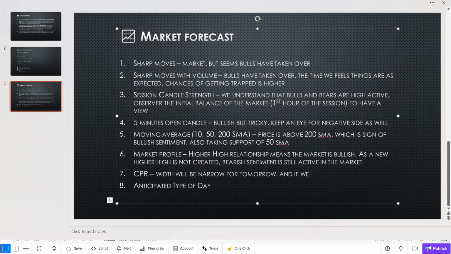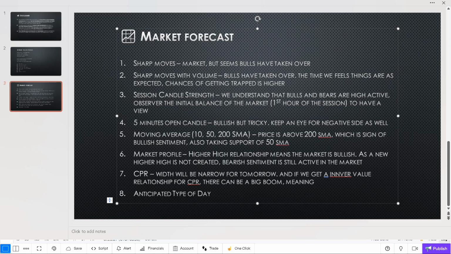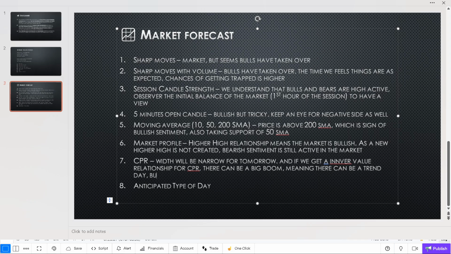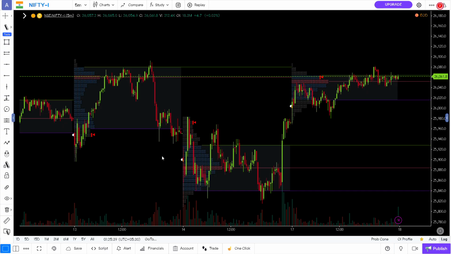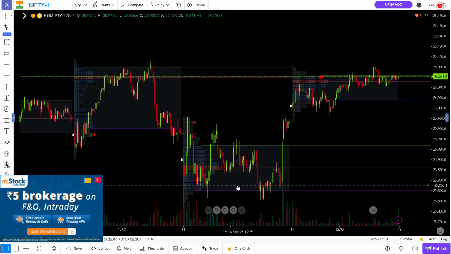And if we get an inner value relationship for CPR, there can be a big blast, big boom, meaning there can be a trend day, big day, and a beautiful payday.